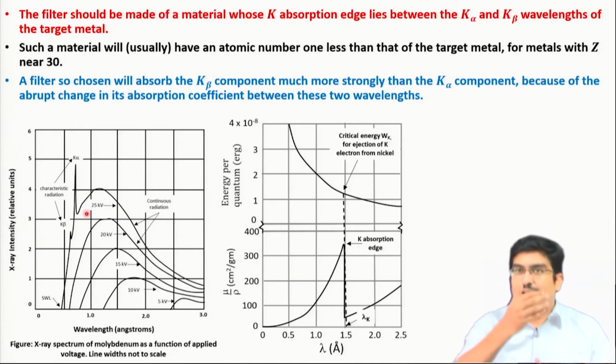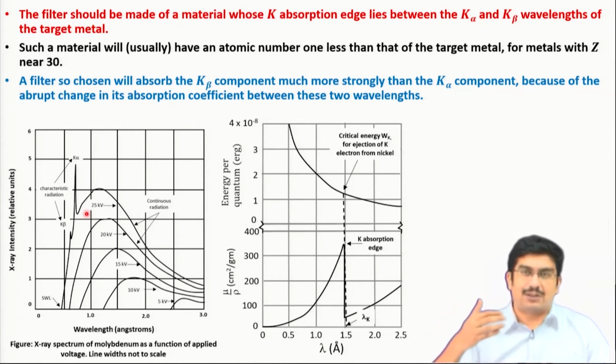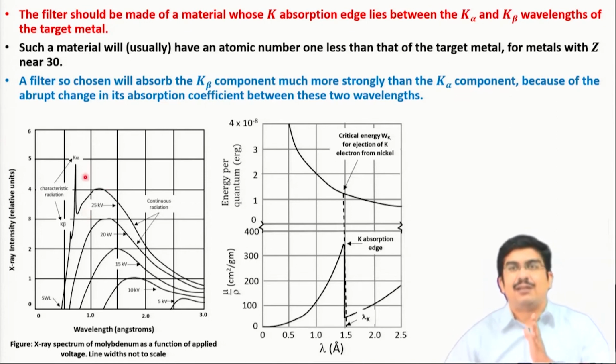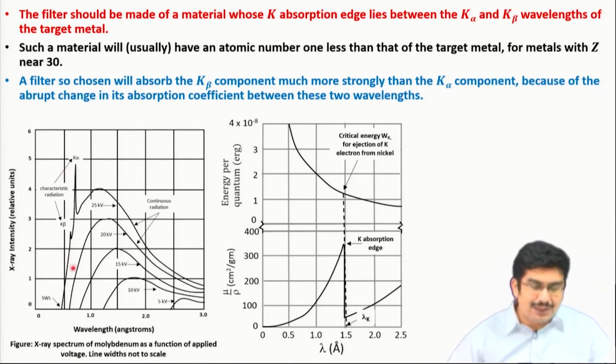The target metal is generating K alpha and K beta, and I am using a filter material in the path of the beam coming out of the X-ray tube, which has its K absorption edge, in terms of wavelength, exactly in between the K alpha and K beta radiation.